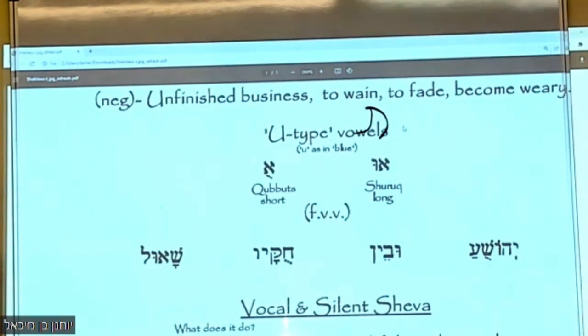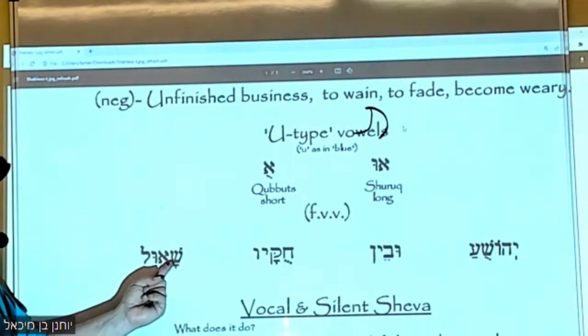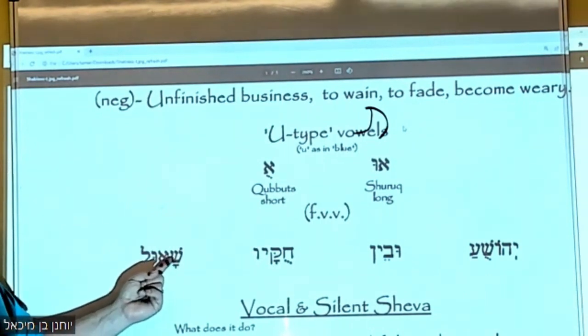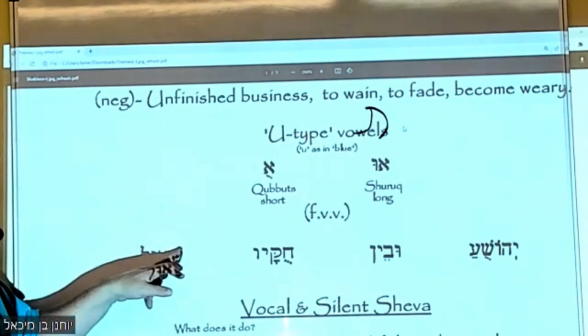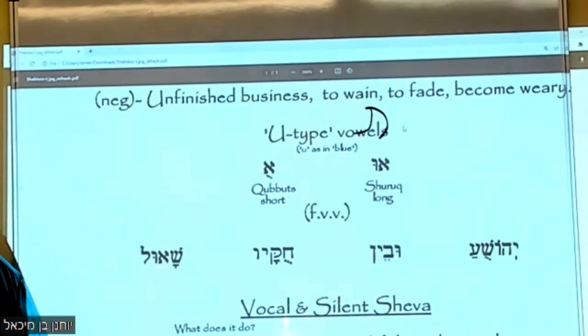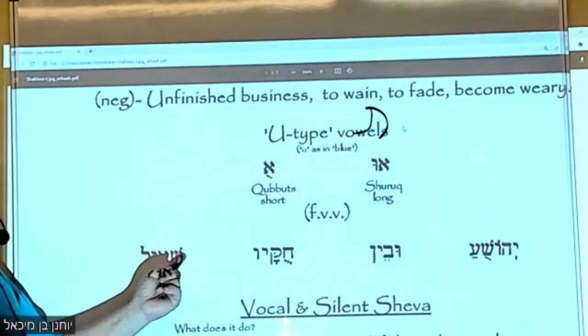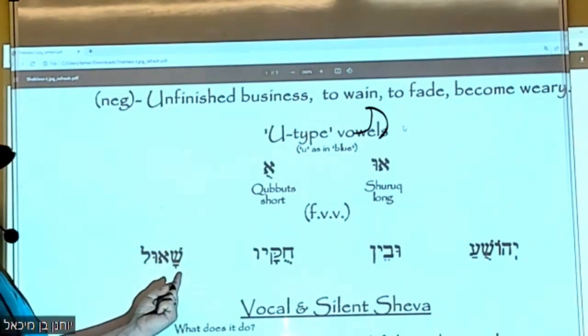So, let's take a look at this first word. What is this letter here? It is sheen, right? Because the dot is on the right-hand side. So, how do we pronounce that? Right, SH. Then it has this kametz underneath it. So what sound is that? Ah.